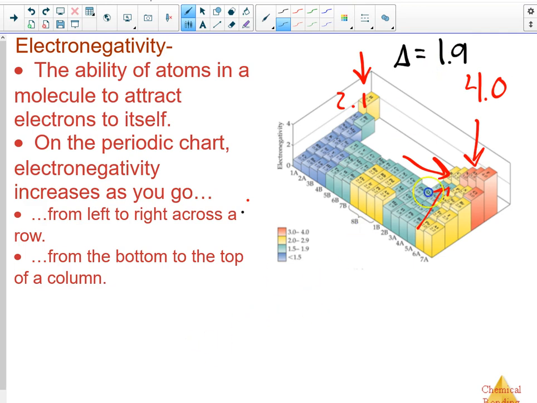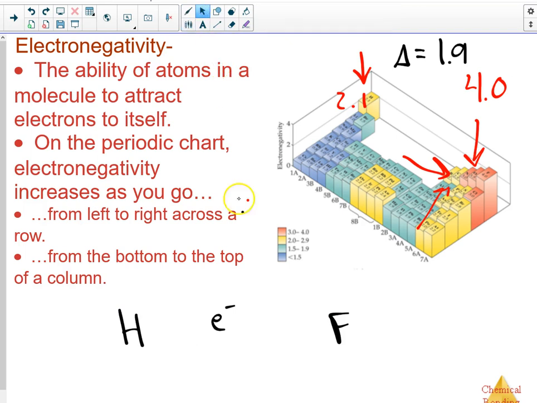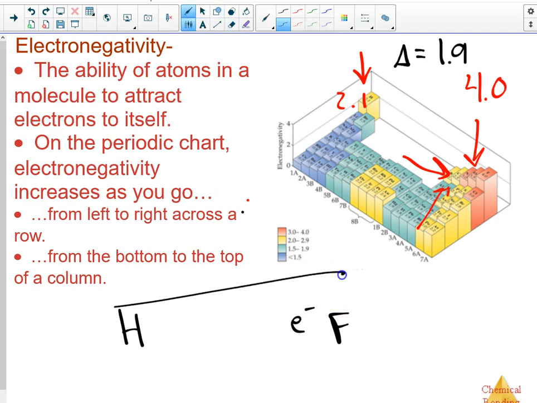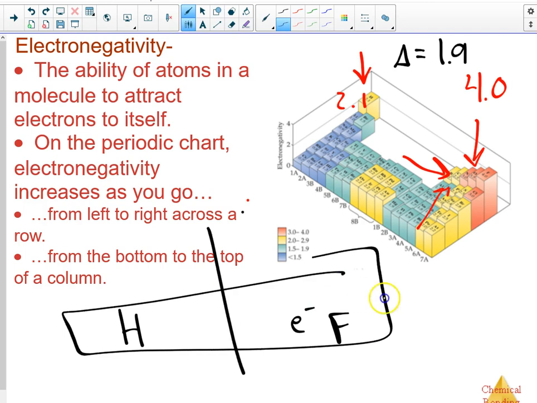So what that means is F is pulling with pretty much 1.9 times the force of H. So the electron, if it's just sitting here, and you have F and you have H, and one's pulling harder than the other, it's going to hang out by that more often. By moving that electron that way, if this is a molecule, we now have a side that's more negative and a side that's left more positive. Good enough so far? Okay.